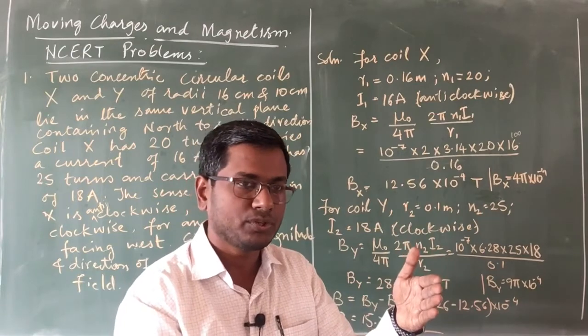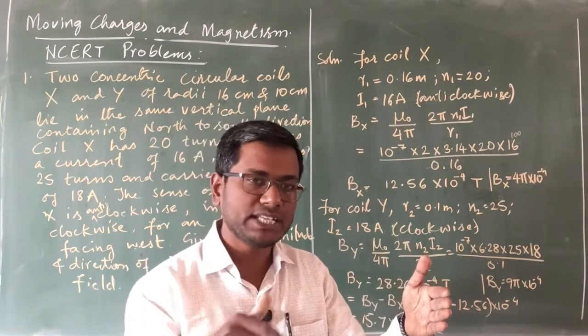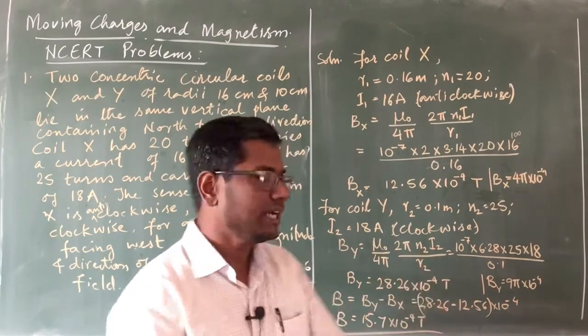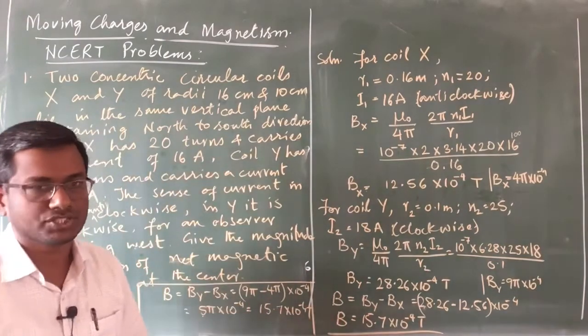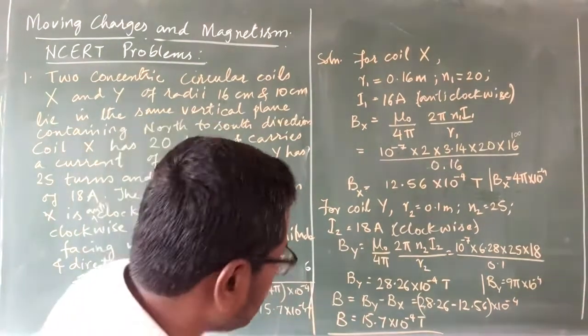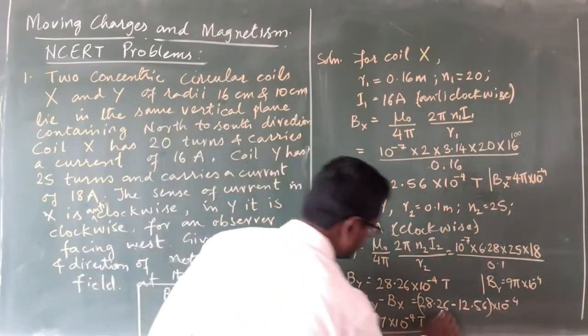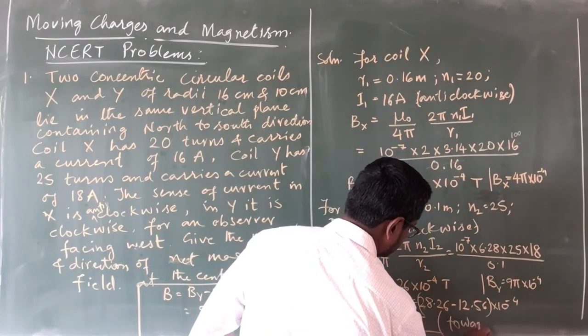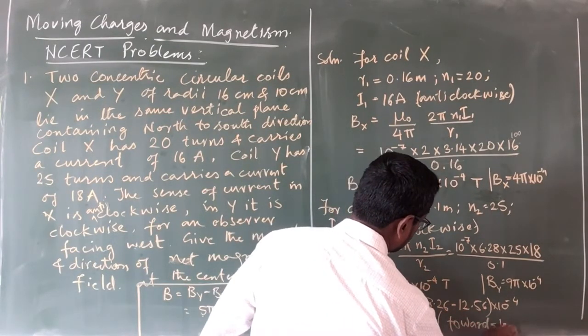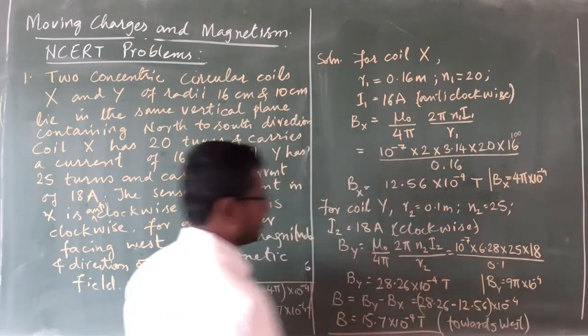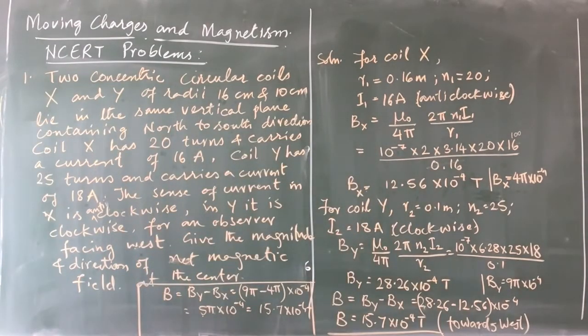So X produces a field going east, and Y produces a field going west, and since the Y value is larger, that is going to dominate. So the answer for the direction is towards west. The net magnetic field is 15.7 into 10 to the power of minus 4 tesla towards west.